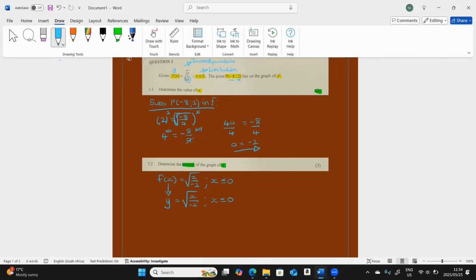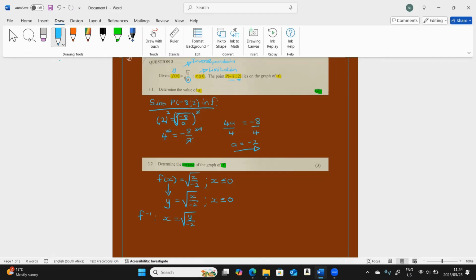So now, when we start working with our inverse, we can swap x and y around. So we can say that x equals the square root of y over negative 2. Can you see that? So you are saying we are busy doing the inverse now.